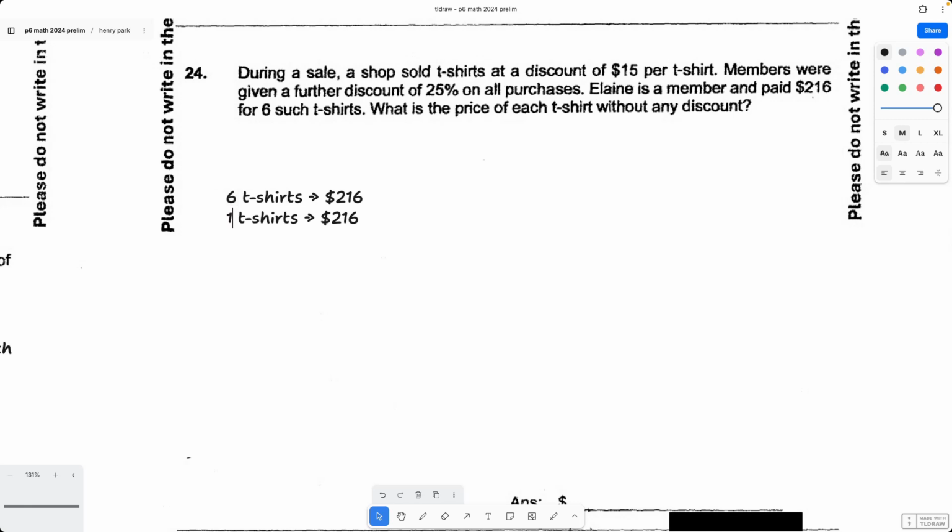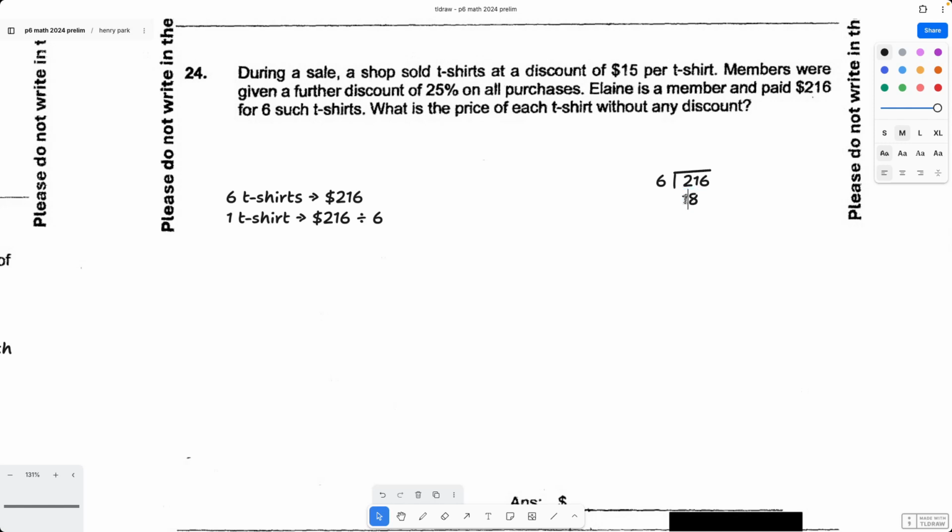So 1 t-shirt is equal to 216 divided by 6. Okay, so we have 216, and then we divide this by 6. What would this give us? So 21 minus 18, that's the closest.